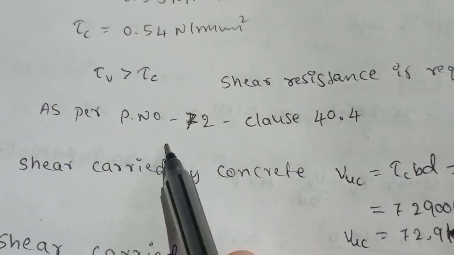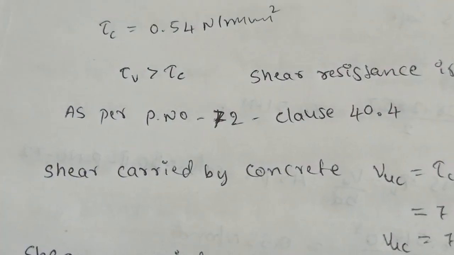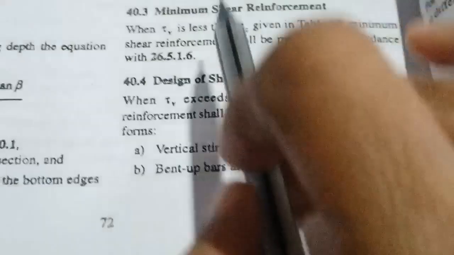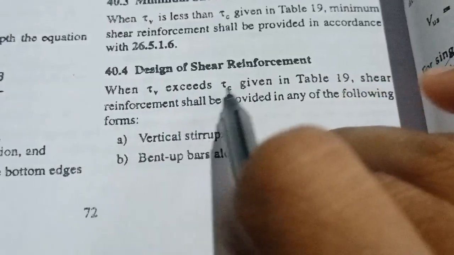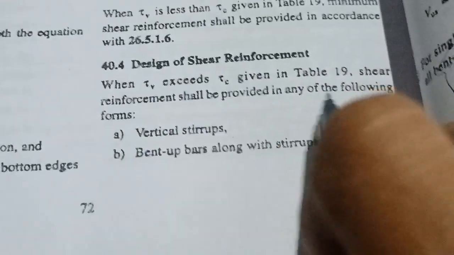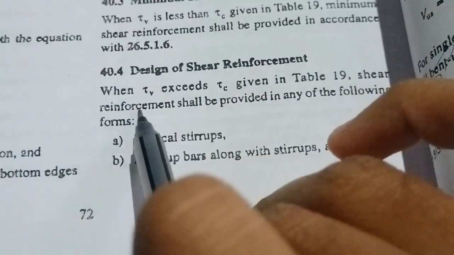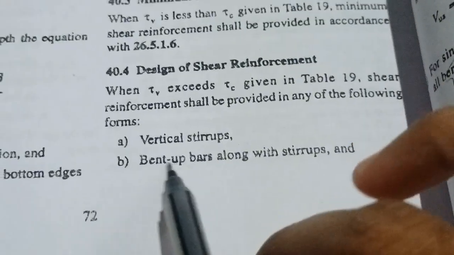So as per page number 72, clause 40.4, what does it say? Design of shear reinforcement: when tau v exceeds tau c, given in table 19, the shear reinforcement shall be provided in any of the following forms.